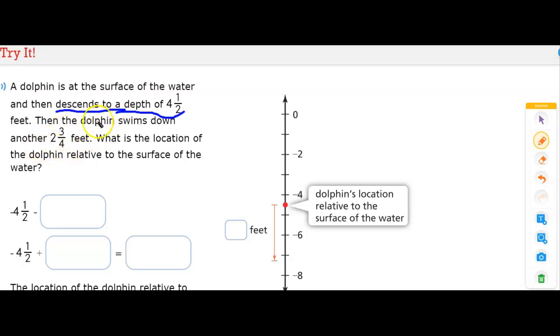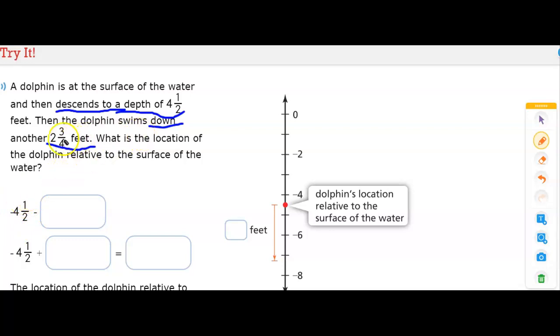And it says the dolphin swims down another 2 3/4 feet. So we're going to take both of those numbers, and if you look at the number line, they're waiting for an answer to go here. So let's solve for that. We already discussed descends means to go down. So that's why they have this -4.5.